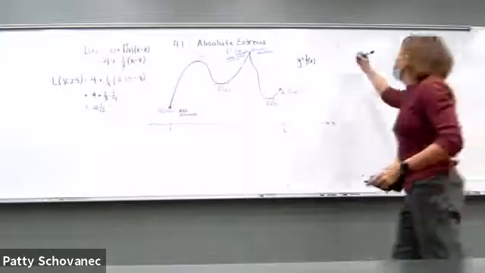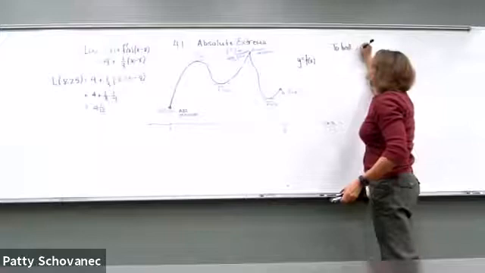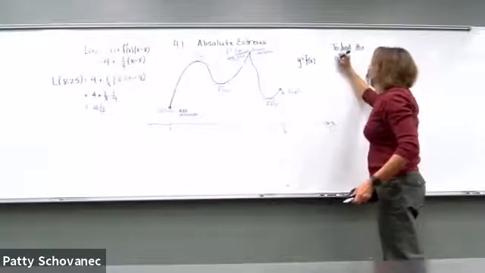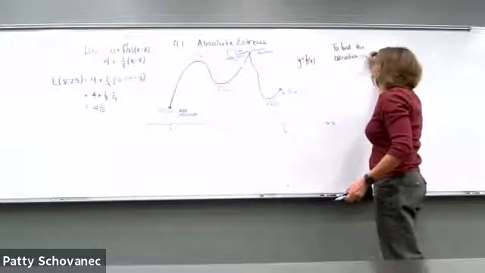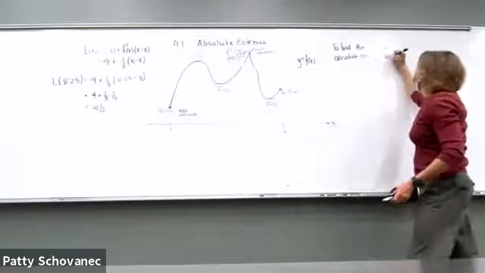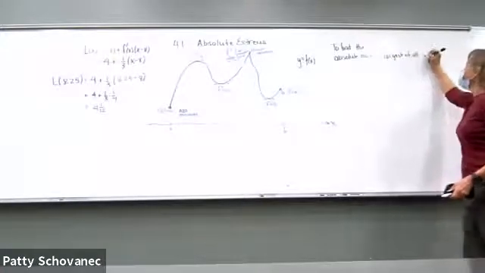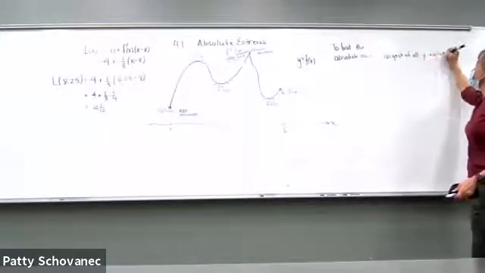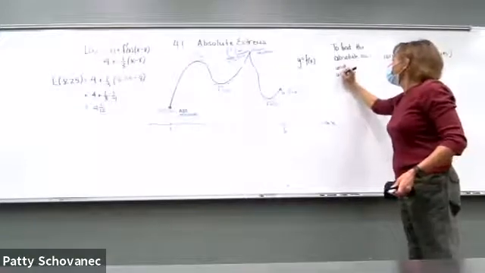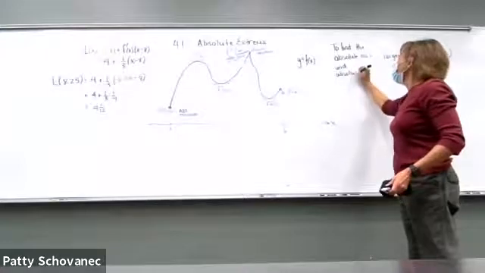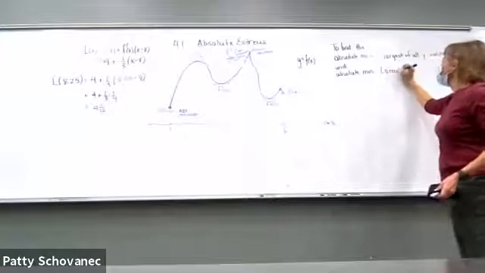So, to find the absolute maximum, that's just the largest of all the y values, and the absolute minimum, which is the smallest of all the y values.